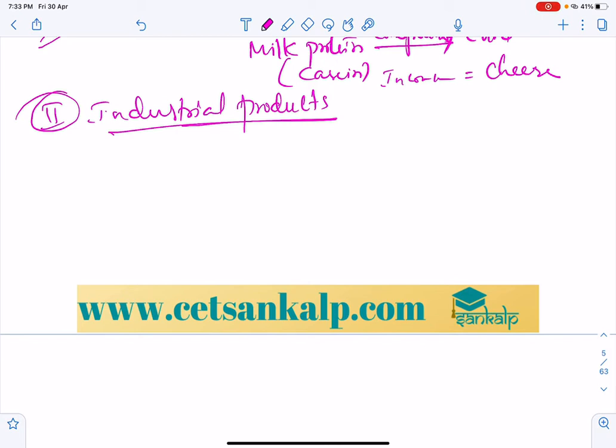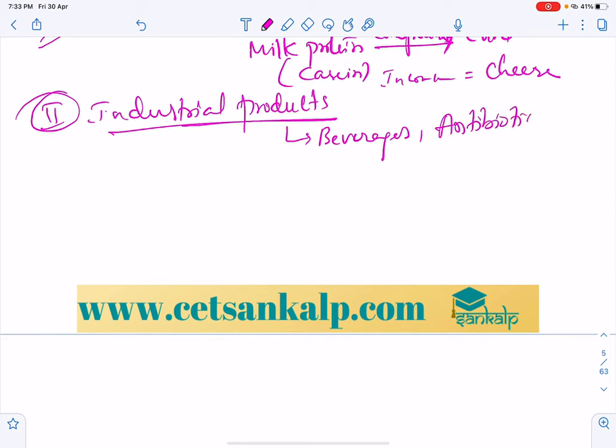They are used to obtain enzymes, amino acids, vitamins, and along with that antibiotics, alcohols, and organic acids. Industrial products mainly include beverages and antibiotics.